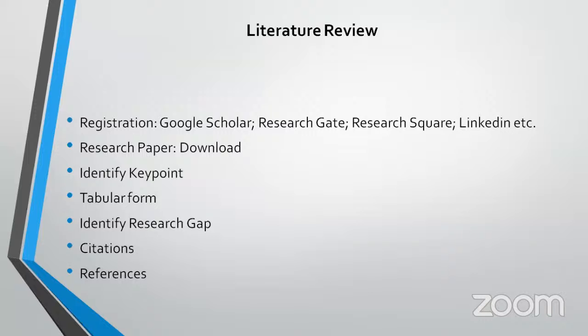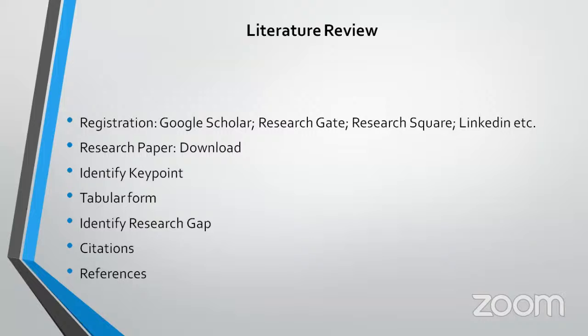First you have to go for registration, then write product design in Google Scholar. There are so many different papers related to product design. It will come in PDF form, in HTML form. You have to download it and read it thoroughly so that you will get so many ideas related to your current topic. Whatever you want to do research on, you'll get so many ideas if you go through those particular papers.